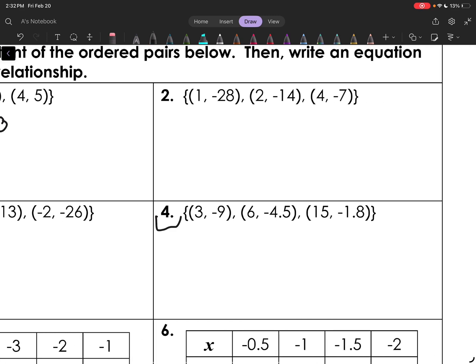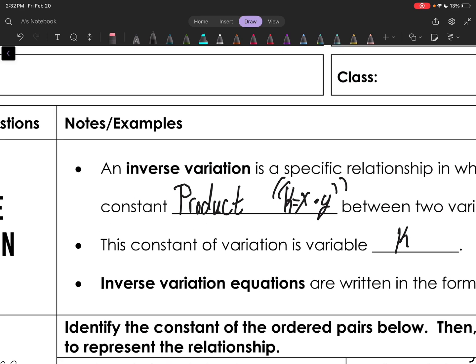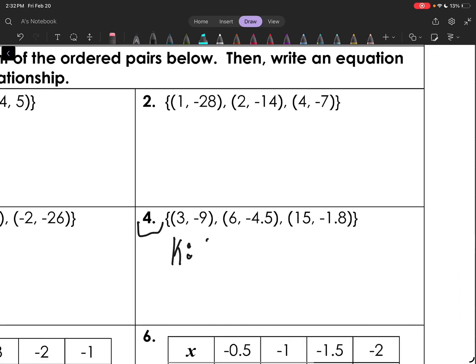Number 4. To get k, I'm going to do 3 times negative 9. This is equal to negative 27. Therefore, y is equal to negative 27 divided by x, and I'm done.